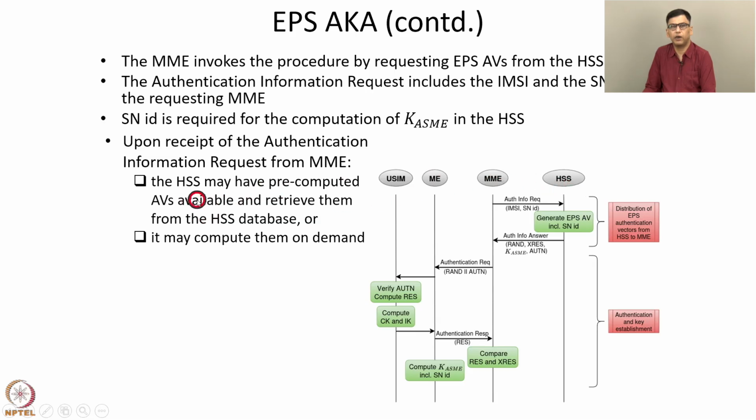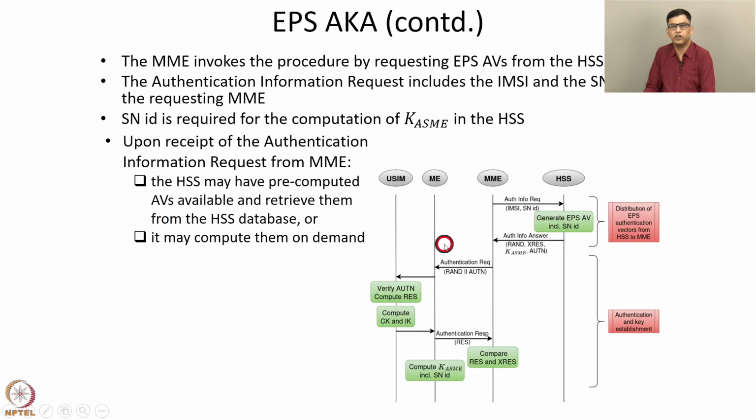That is usually because the same MME had in the recent past connected with the HSS and requested authentication vectors. At that time, the HSS computed some authentication vectors and kept them ready for future use. So, in that case, the HSS may just respond with that authentication vector.